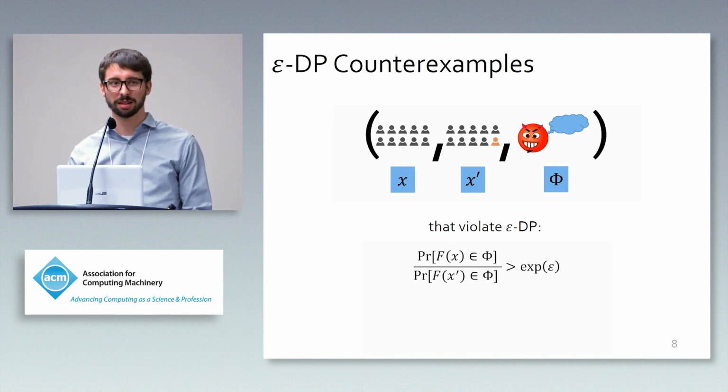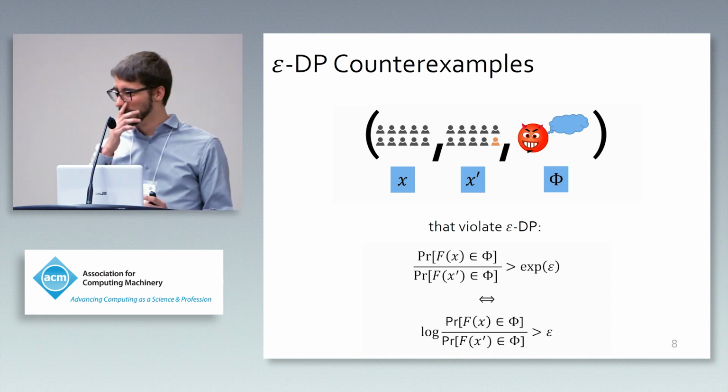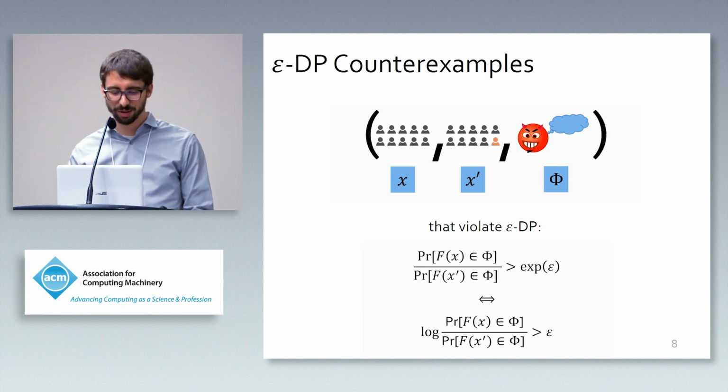So that just means that the two probabilities are substantially different, meaning that the ratio is more than e to the epsilon. We can do some standard algebraic operations on this and realize that, well, actually what we're trying to do is finding x, x prime, and phi such that the log ratio of the two probabilities is large.